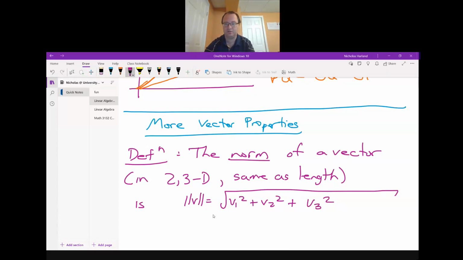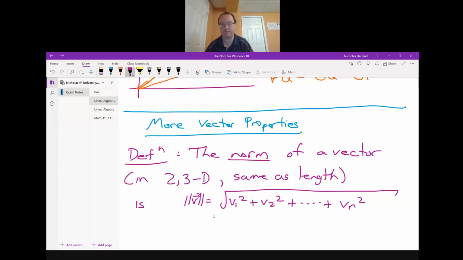But in general, we can do this in n dimensions as well, because this is an algebraic statement, so even if we lose the geometry, the algebra part of it would still work. So we call this the norm of a vector. Again, it's referred to as the length, or the magnitude, if we're talking about 2 or 3 dimensions.